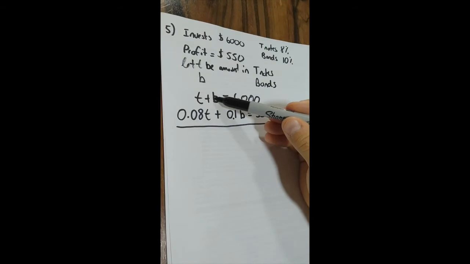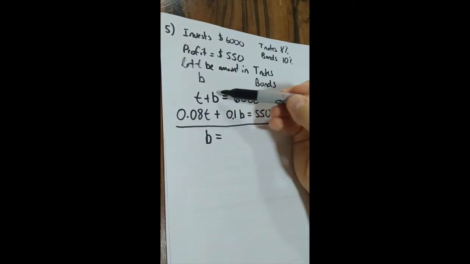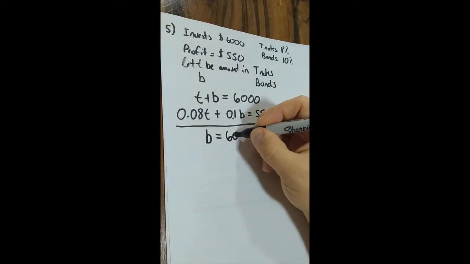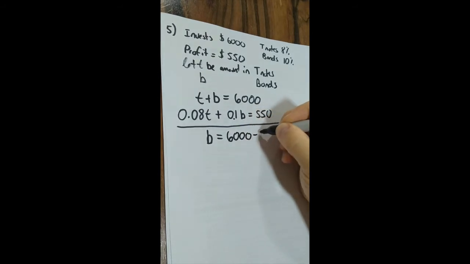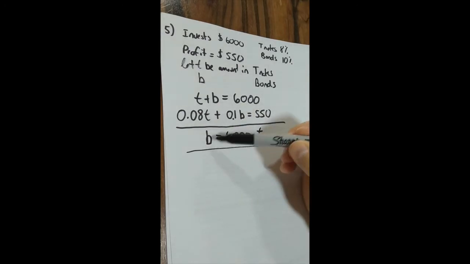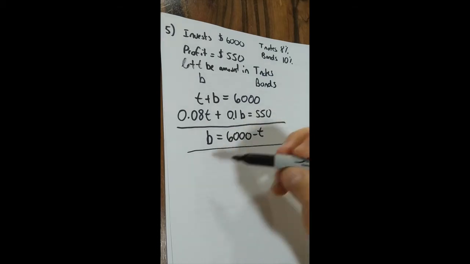I'm just going to isolate B. To isolate B, I need to subtract T from both sides, so B is equal to 6,000 minus T. If I know that B is equal to 6,000 minus T, I can substitute 6,000 minus T for B in the other equation, and then we will have only one variable. Let's go ahead and do that.